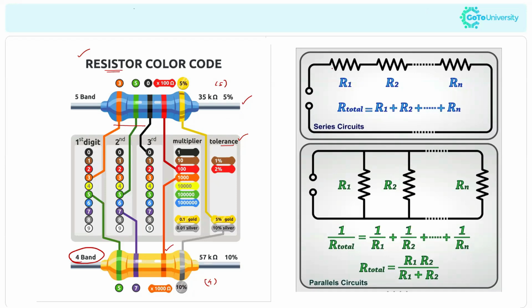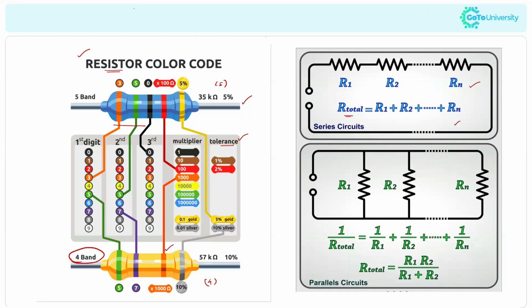So now, how will the resistor behave when it is connected in series? When the resistors are connected in series, the total resistance of the circuit will increase, because the total resistance is calculated by adding the individual resistance values.